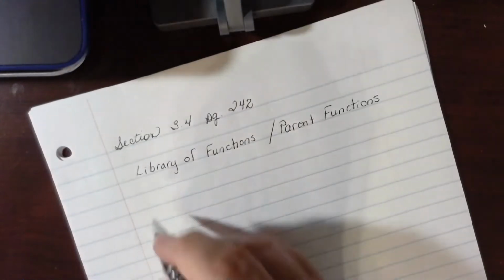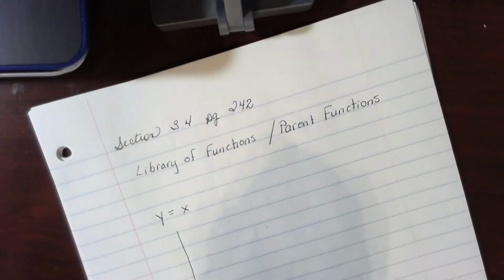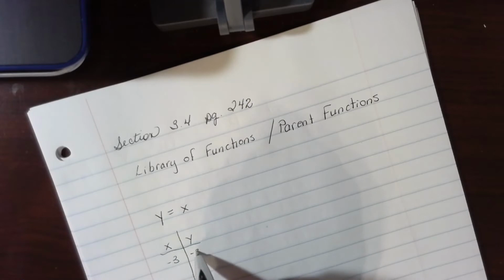So what you would do, even though we know what it looks like, you would make a table of values, and it's y equals x. So whatever x is, y is.